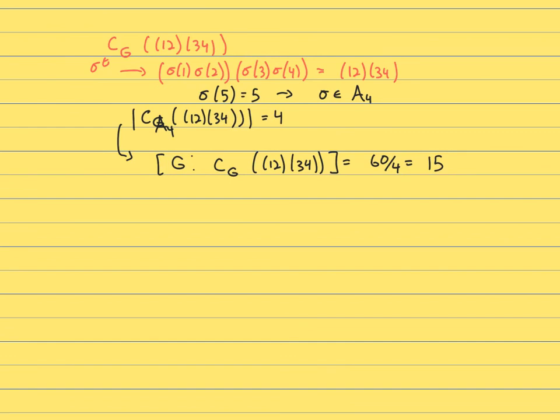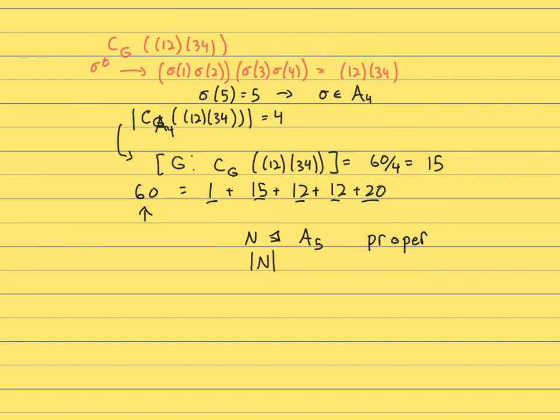And so what do we have? We have 60 is equal to 1 plus 15 plus 12 plus 12 plus 20 by the class equation. These are the sizes of the individual conjugacy classes. And so suppose we had a normal subgroup N in A5 that's proper, then what do we need?